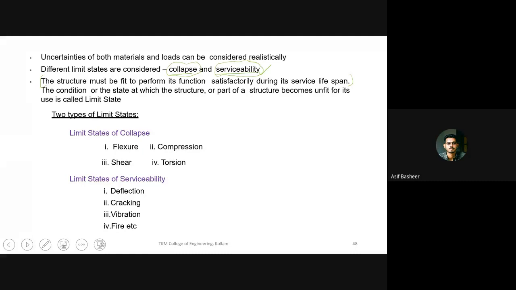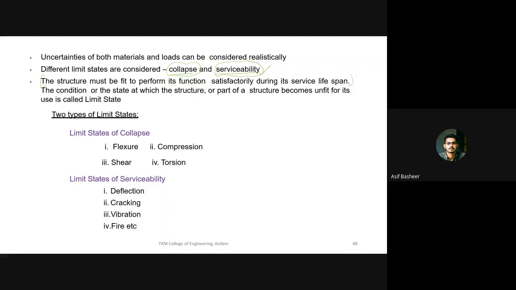Limit state of collapse means, suppose there occurs some flexure. Flexure means the bending tensile stress occurred and the structure failed. At that time structure failure takes place, and that is the limit state of collapse. That is an extreme end. After that, if we do any repair work, it won't work. We will say that the structure has collapsed.